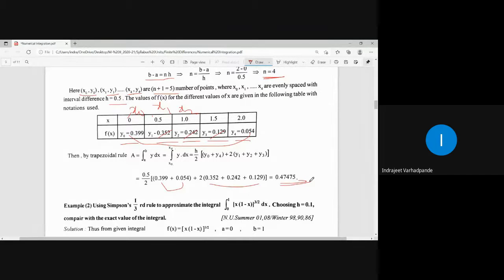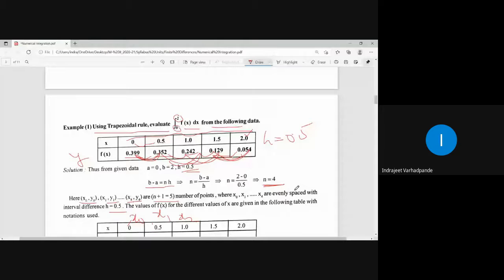Whenever nothing is mentioned in statistics, we always try to find the value up to 4 decimal places. They will mention in the question to find the value by using so and so rule. In this particular example, they have asked us to apply the trapezoidal rule. Now in this question, the function was not provided, or we do not know the relation, only the table is given directly. But there might be a possibility that they may not provide you the table.